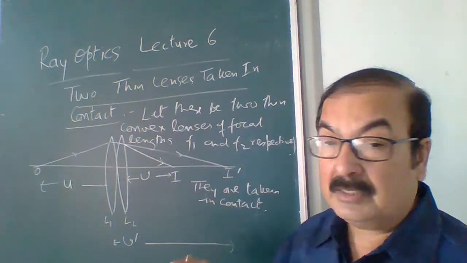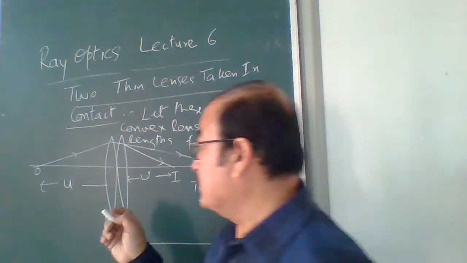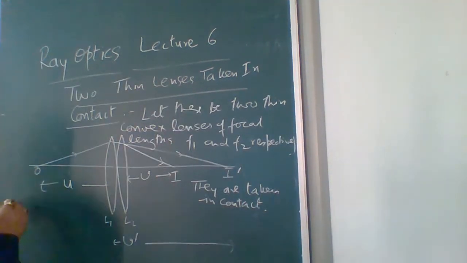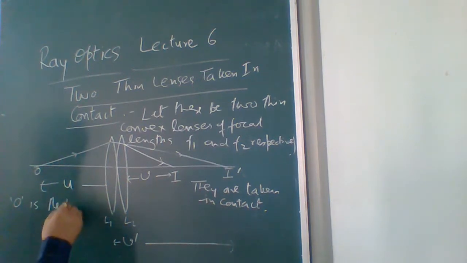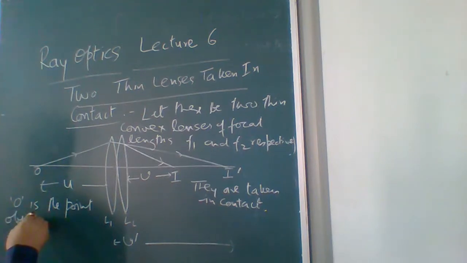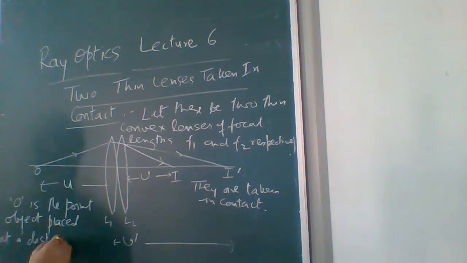Now after doing this, what you can see, O is a point object placed at a distance u from lens 1.